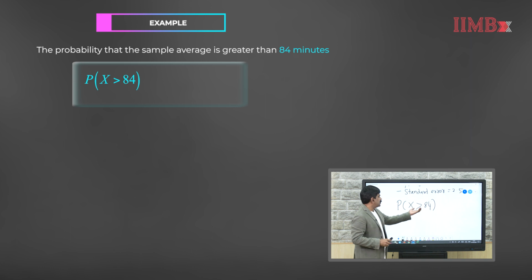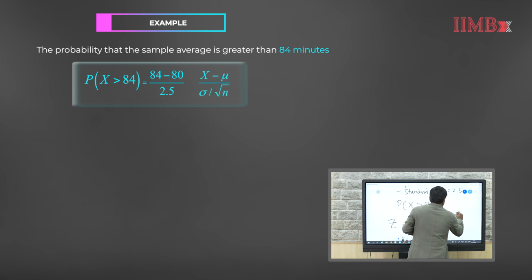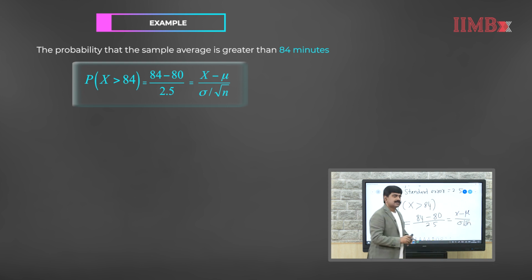Now remember, since the sampling distribution is a normal distribution, the value 84 minus 80 divided by 2.5 will be a standard normal distribution. Basically, I have taken x minus mu divided by sigma divided by square root of n.